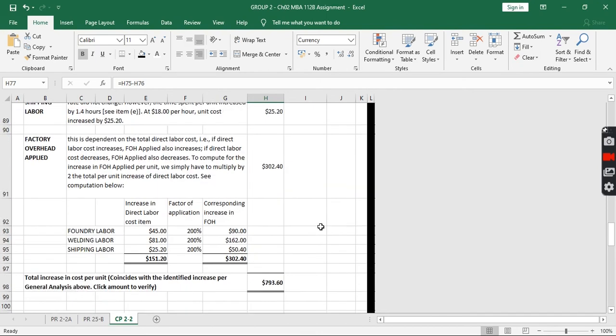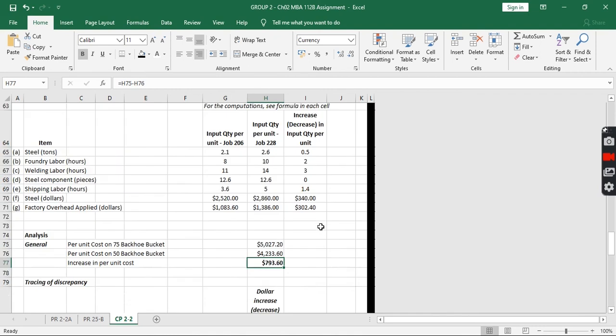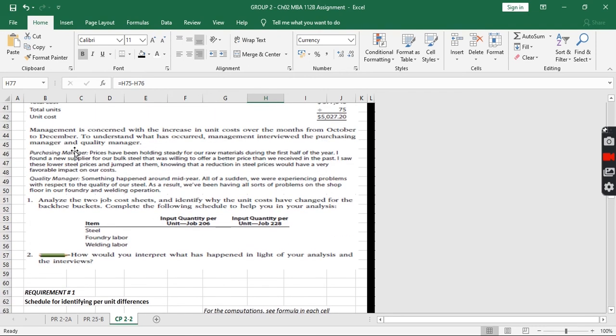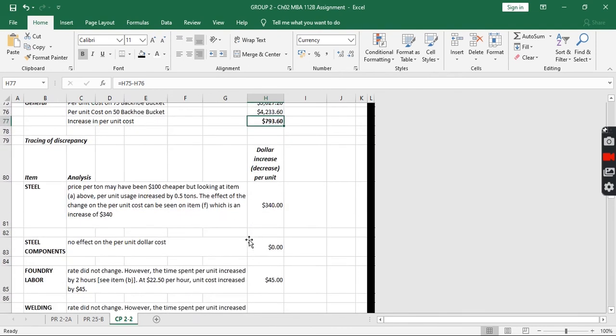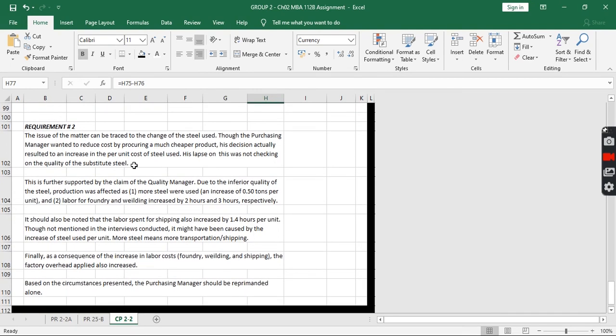Given this analysis and given the interview answers given to us by our purchasing manager and our quality manager, we can conclude these statements. So the issue of the matter can be traced to the change of the steel used.